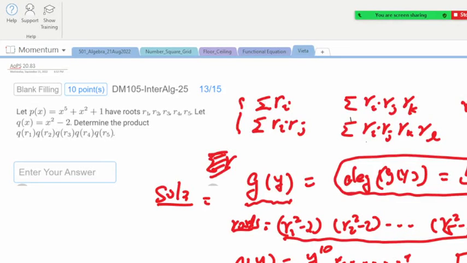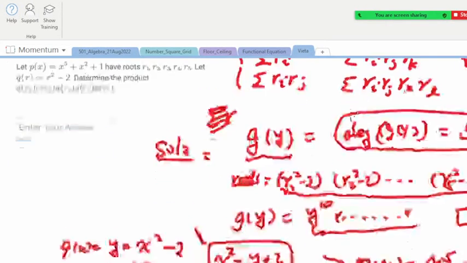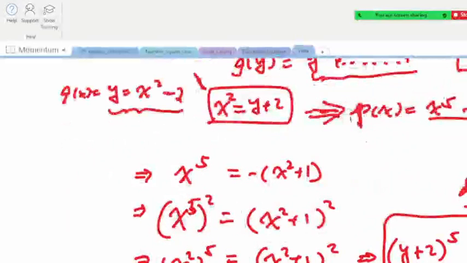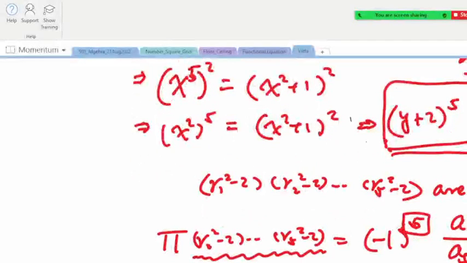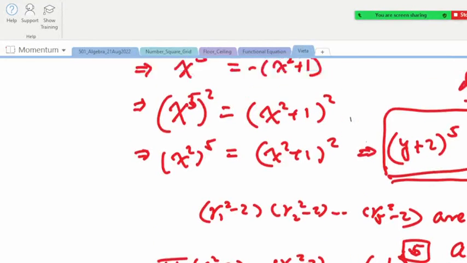Instead of directly using the relationship between the sums of all the roots, the Vieta relationships, and the functions of the new roots of the new polynomial, we try to find a new polynomial whose roots are the ones you wish to get: R1 squared minus 2, R2 squared minus 2, up to R5 squared minus 2.